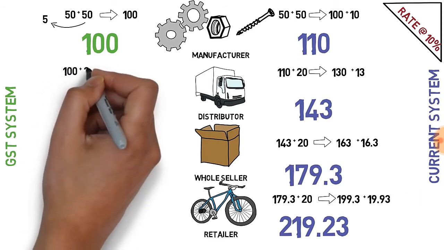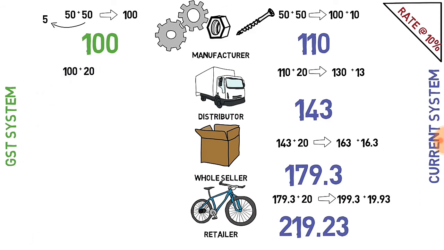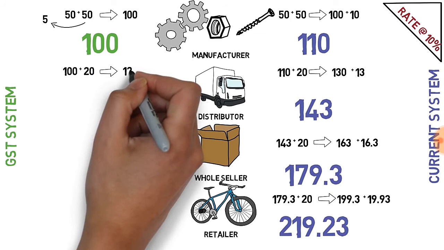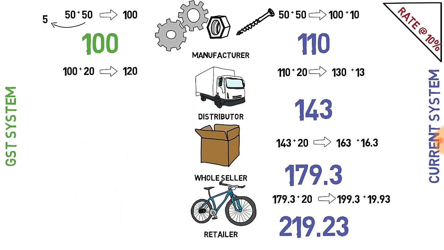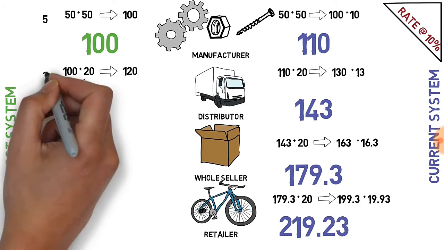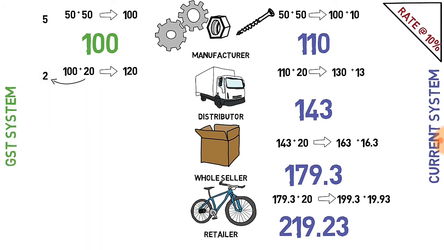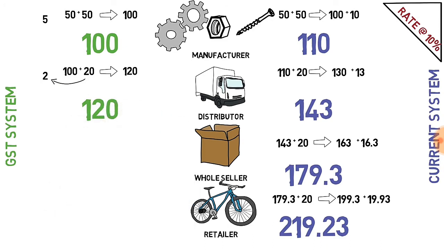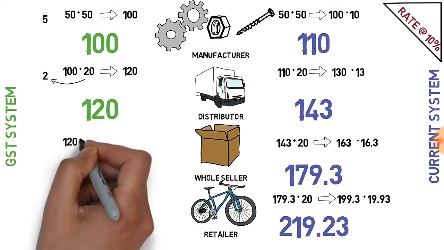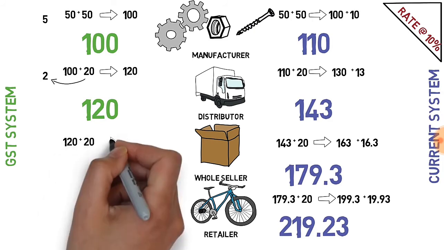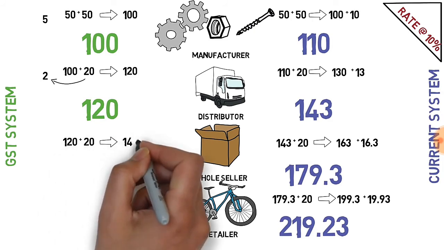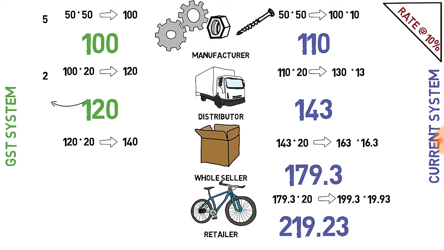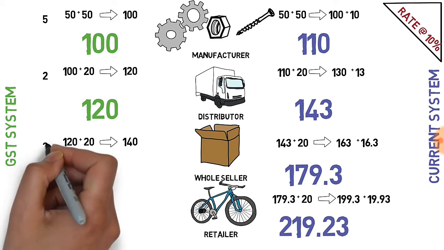Then the distributor adds 20 rupees profit and the product becomes 100 plus 20, which is 120 rupees. He pays a tax of 2 rupees on his profit of 20 rupees. The wholesaler buys the product for 120 rupees and follows the same pattern, adding 20 rupees as his profit, and the price becomes 140, and he pays a tax of 2 rupees on his profit of 20 rupees.